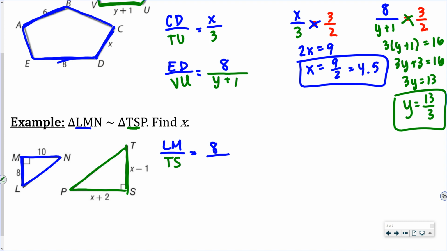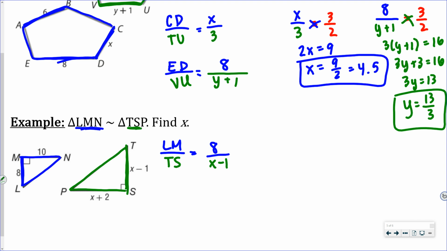LM is 8. TS is x minus 1. Now here's the issue. I'm not given a side length in each of my polygons to figure out what the scale factor is, like 10 to 20 or something like that. But I am given another corresponding side.